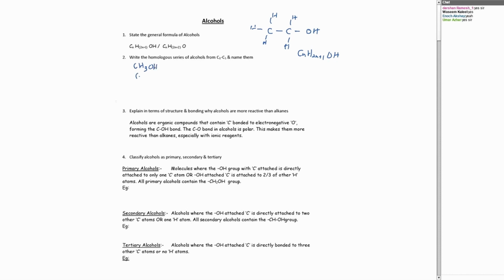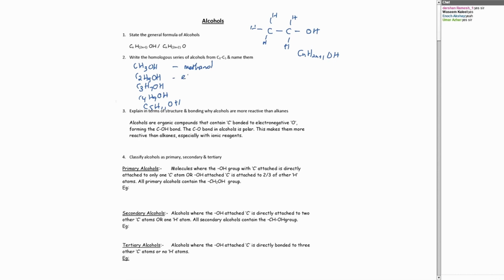So the first member of the homologous series of alcohols will be methanol, CH3OH, and then you keep increasing the CH2 groups. You have ethanol, then propanol, butanol, and then pentanol, C5H11OH. This is the homologous series of the first 5 members of the alcohols, right?